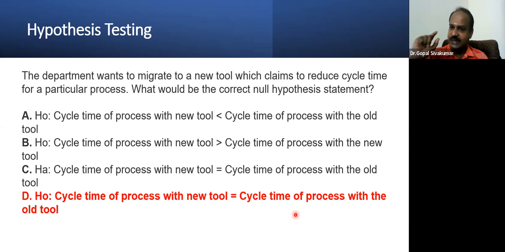You can try to validate the alternate hypothesis only after getting the null hypothesis rejected. Clear?